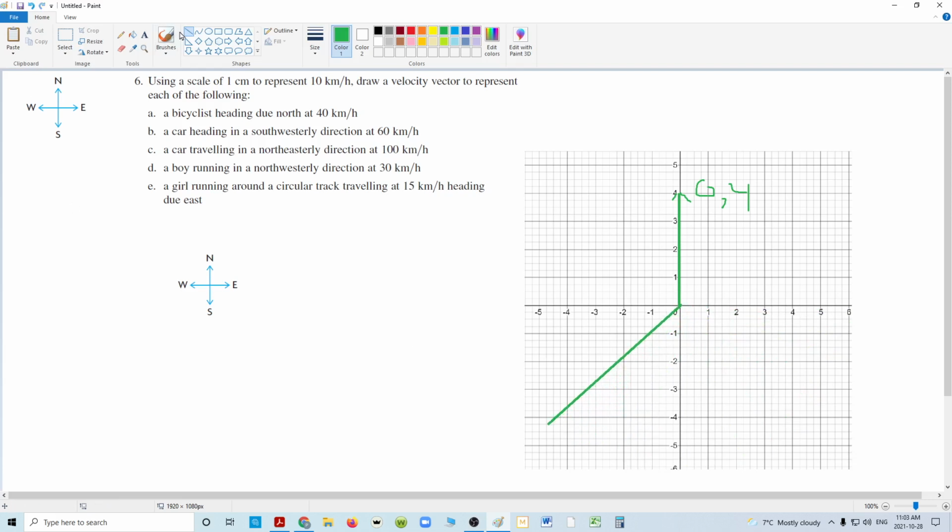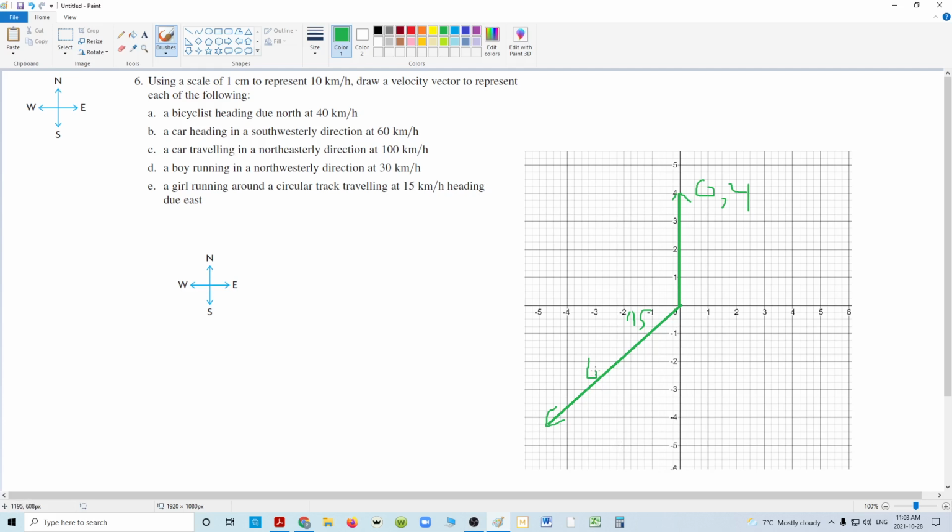Another way to do it more accurately, though, is to say, okay, I'm going to call southwesterly 45. Now, I guess here we're just supposed to measure it out on paper, so you don't really have to do it this way. But you could roughly figure out the coordinates that you want.